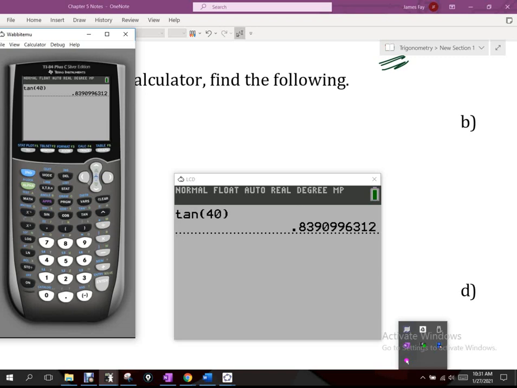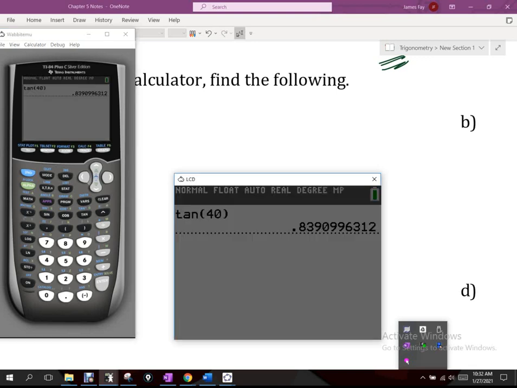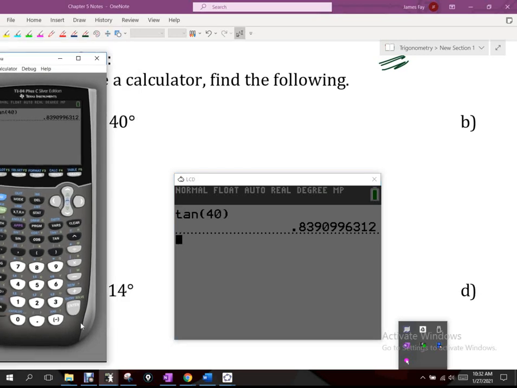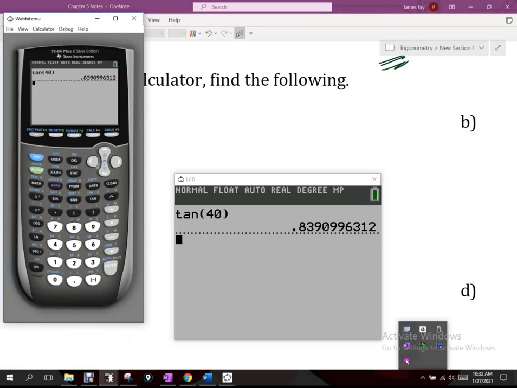I tried to, but we didn't spend a whole lot of time delving into what this number represents. This number is a representation of the ratio of an opposite side divided by an adjacent side for a 40-degree angle. And that's always going to be the case, no matter how big the triangle is. If it fits on a piece of paper, or if it takes up the galaxy, it's going to be 0.839. Does that make sense?